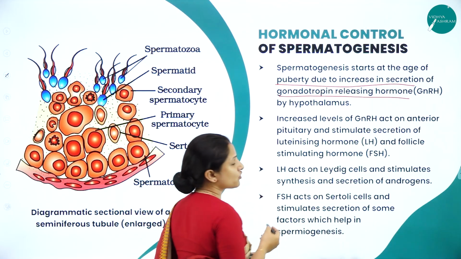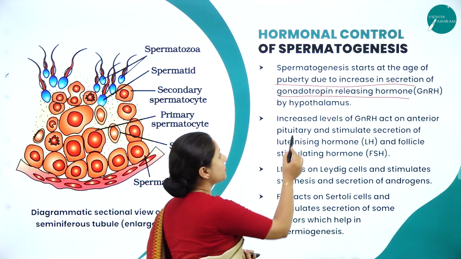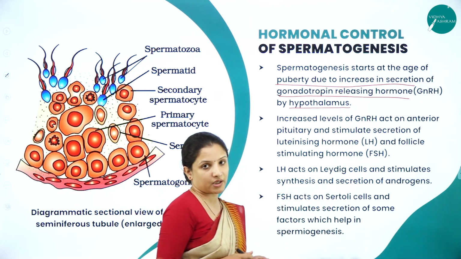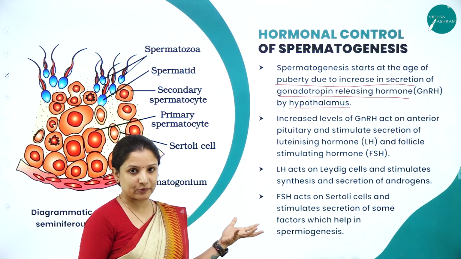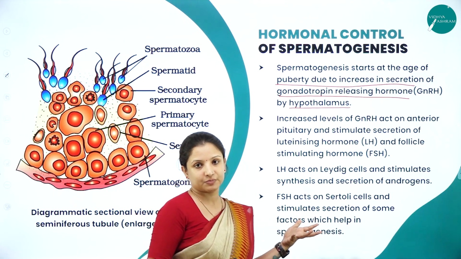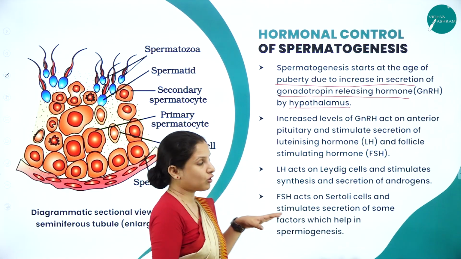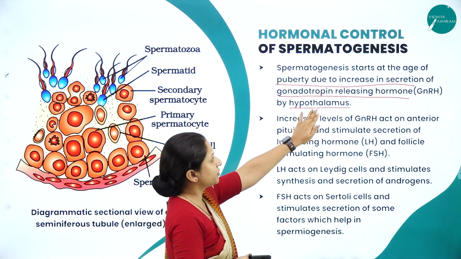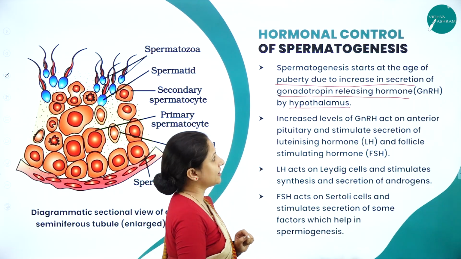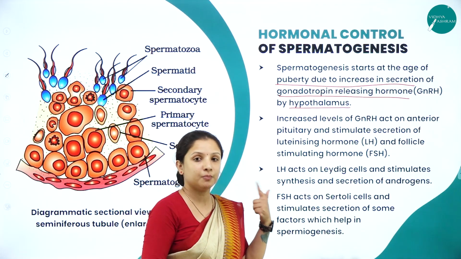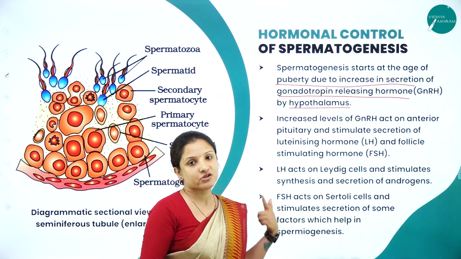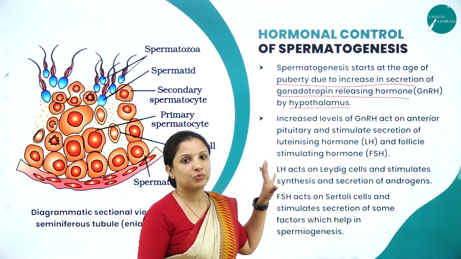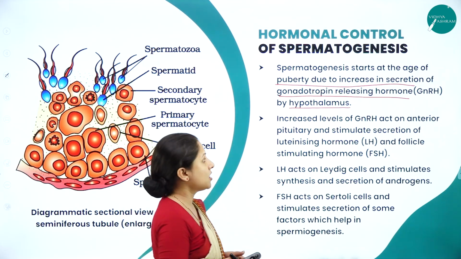This gonadotrophin releasing hormone is secreted by the hypothalamus region of the brain. All this you have studied in your first PUC itself. Where is the hypothalamus present? What are the hormones secreted by it? The hypothalamus secretes gonadotrophin releasing hormone in males, especially when they reach puberty. And it is at that time that the formation of the sperms will occur.